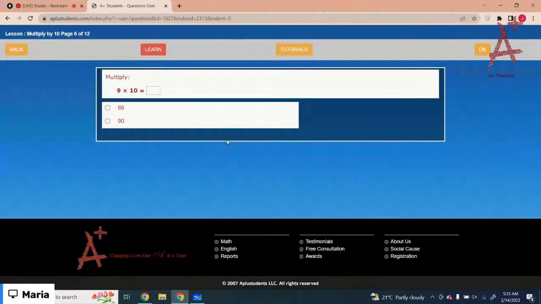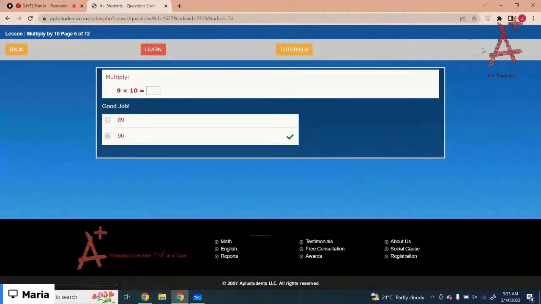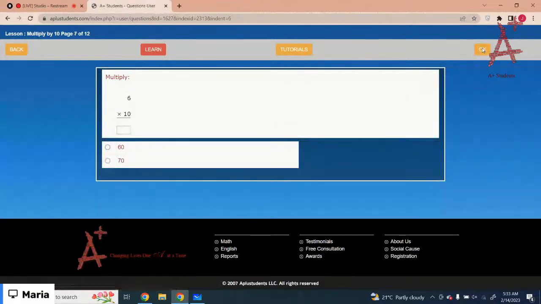So the correct option is 90. Okay, the next one is 6 times 10. So 6 times 10 is, yes, it is 60. 6 times 10 makes 60.